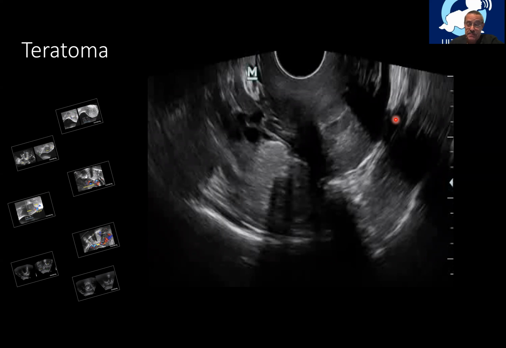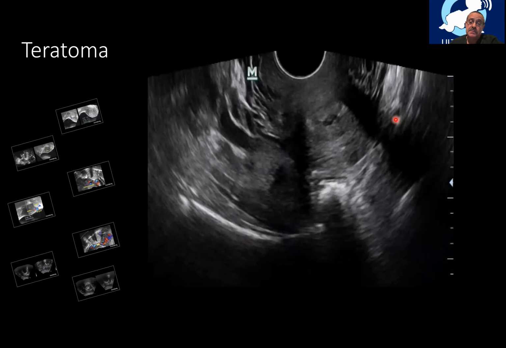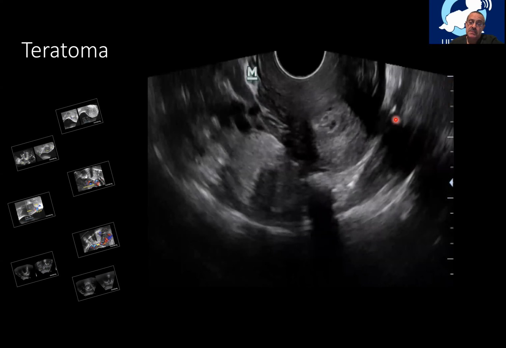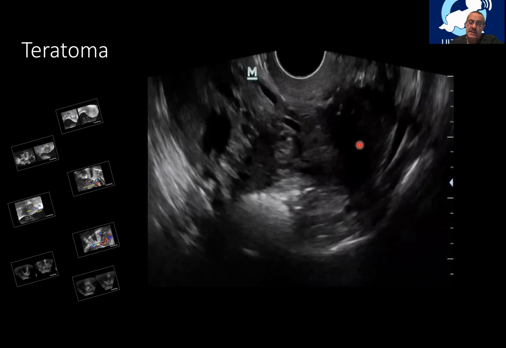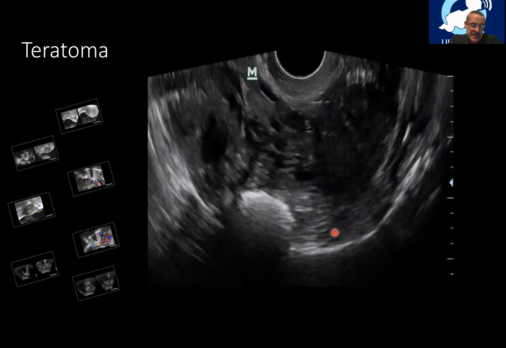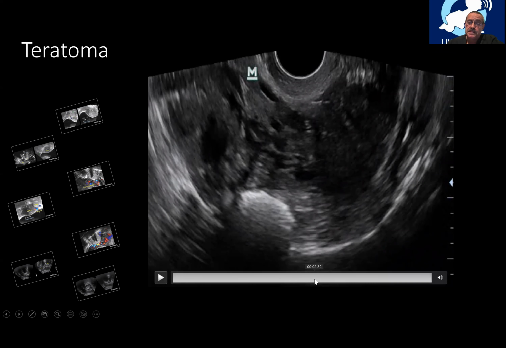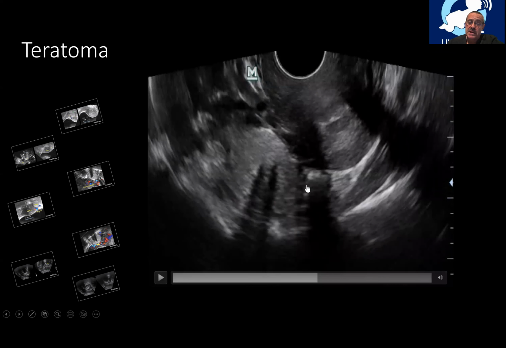Variations of the same tune, more teratoma, so that bright area there. Let me show you. Here, it starts here. We have a shadowing.